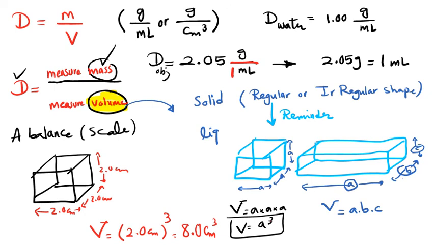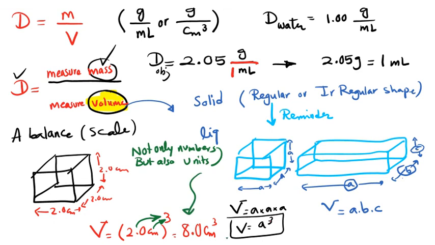One thing I ask you to pay attention to: both numbers and units should be reported in cubic form. Not only numbers, but also units must be considered in this cubic format, 8.0 centimeter cube.